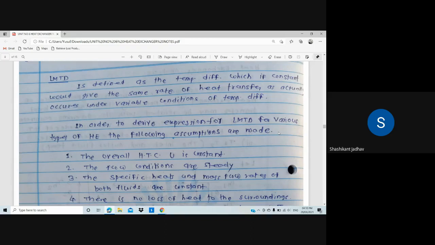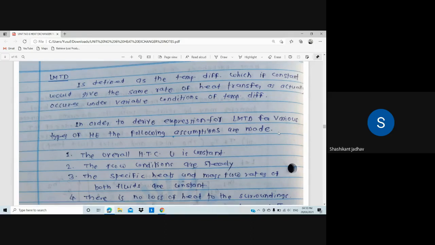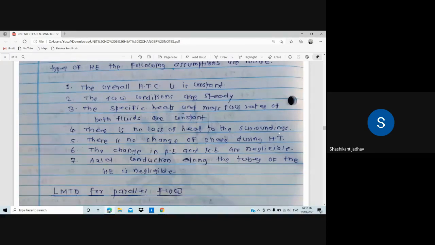Then write down the fourth assumption. There is no loss of heat to the surroundings. So the heat will be available in the hot fluid and the cold fluid. So when there is no loss of heat in the surroundings, आपण काय कन्सिडर करणार आहे की त्या सिस्टम मध्ये.